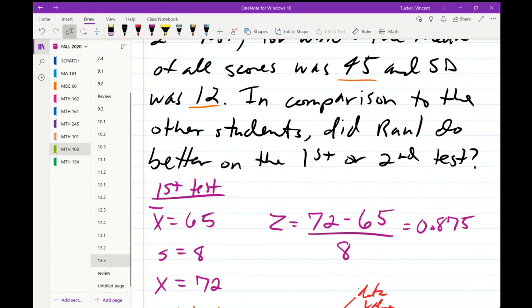So your data value is 72. Your data value, or x, is always the value that is in question. So that's 72, and once again, the mean is the mean, the standard deviation is the standard deviation. So we do 72 minus 65 over 8, and that gives us 0.875.